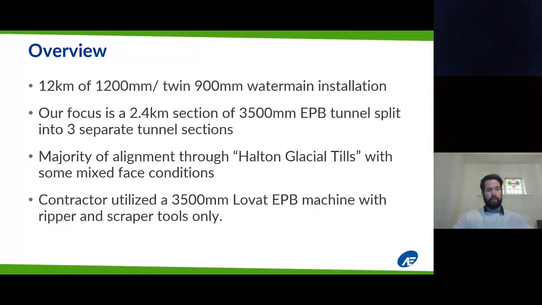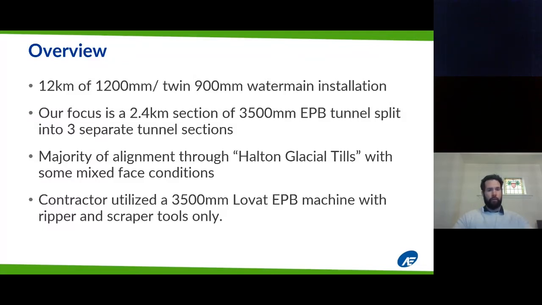However, in this presentation today, we will focus exclusively on a 2.4-kilometer section of the 3.5 meter diameter air pressure balance tunnel. This 2.4-kilometer section was split into 3 separate sections separated by intermediate shafts.